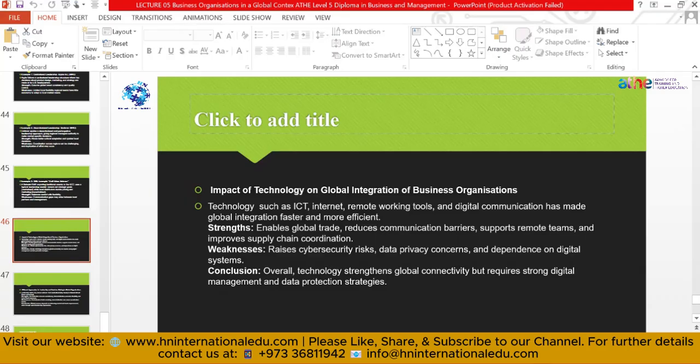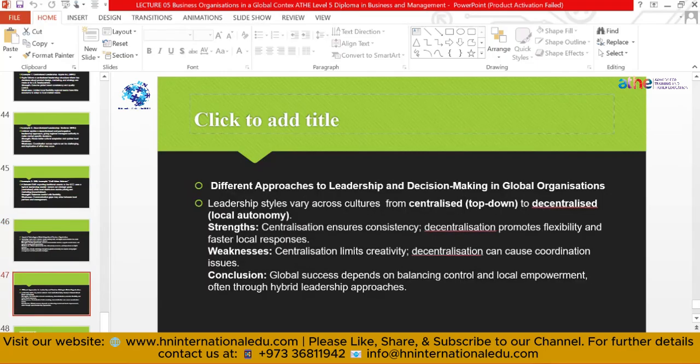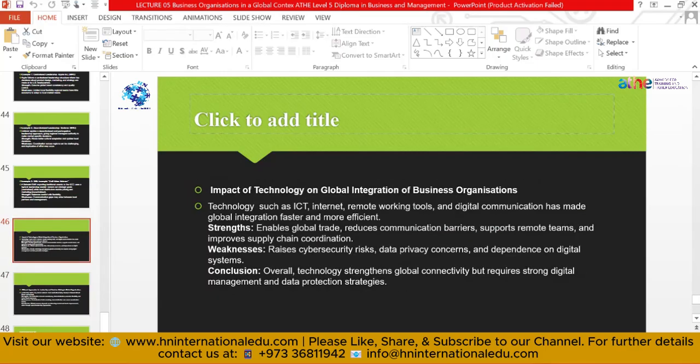Impact of technology on the global integration of business organization. This is for 3.2. Ma'am, you can also read in the next class. We are having the next class anyway. I know, I can understand, but it's okay. Maybe if we can finish this slide. There is no requirement from my side to read it. It is just a recap for you people, so you can read it.